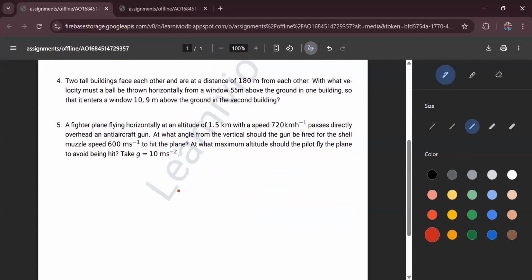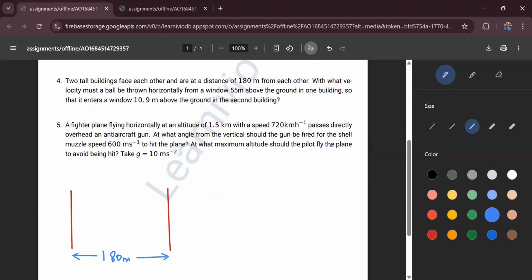Look, fourth question says that two tall buildings face each other and are at a distance of 180 meters from each other. Like two buildings are there and they are separated by a distance of 180 meters.